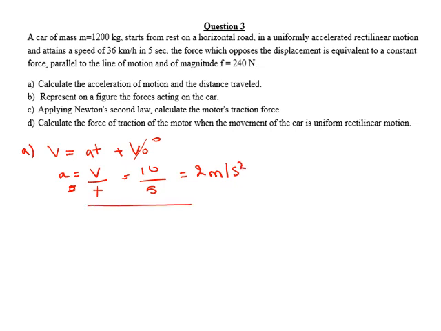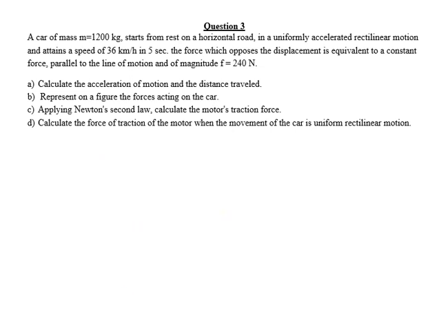Now we should find x. x equals half at squared plus v0t plus x0. That's 0 and this is 0 too. Half times 2 times 5 squared equals 25 meters.